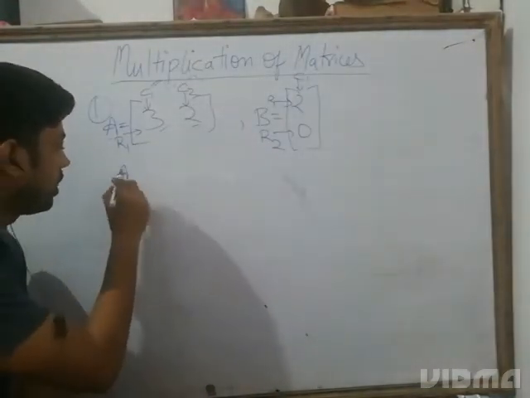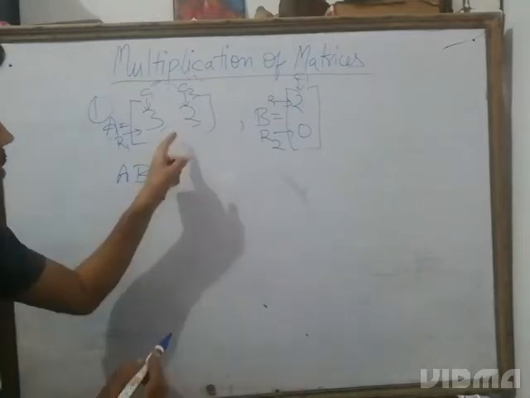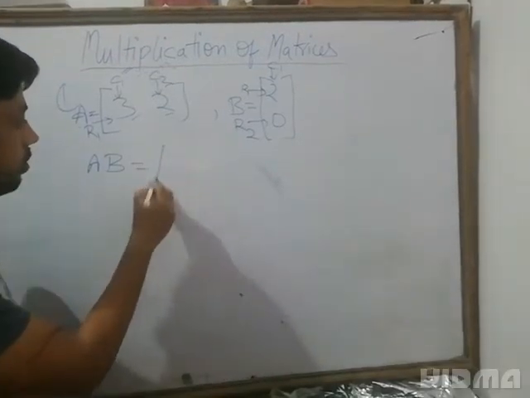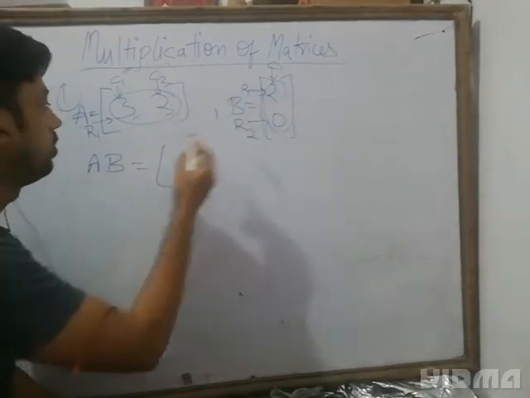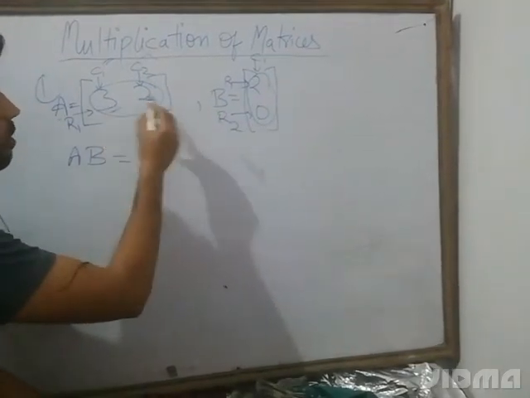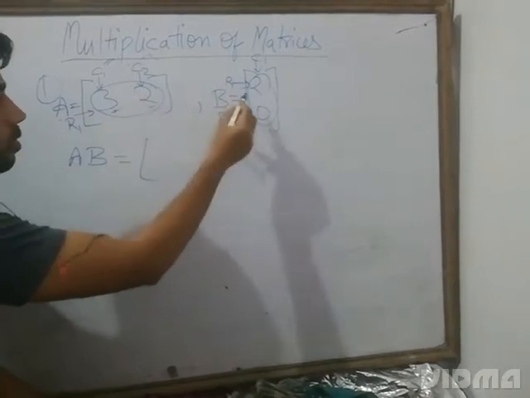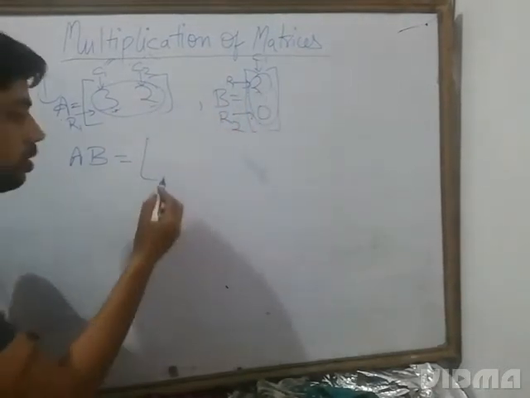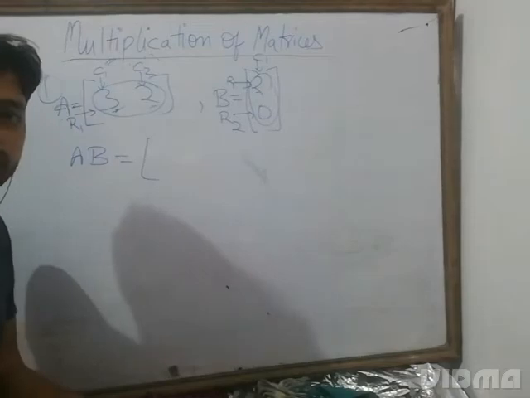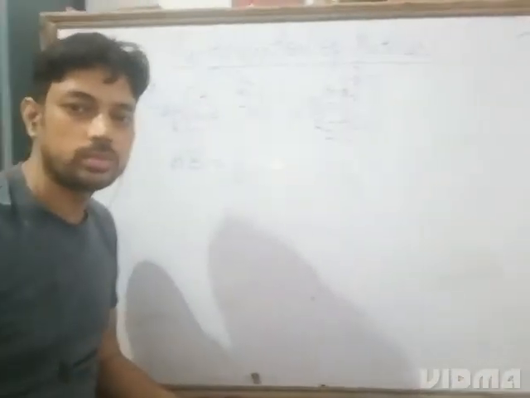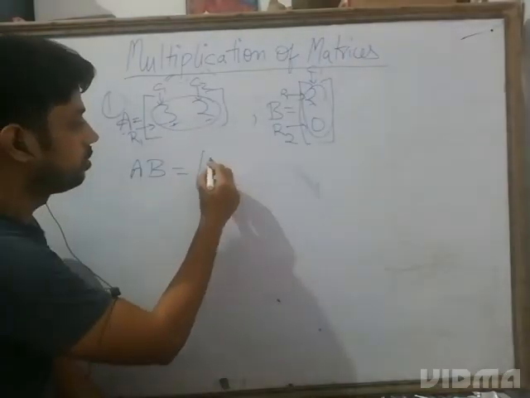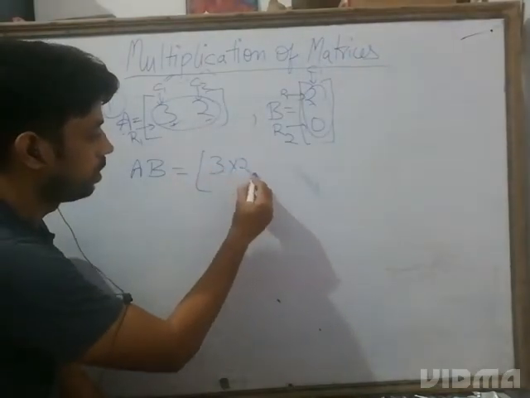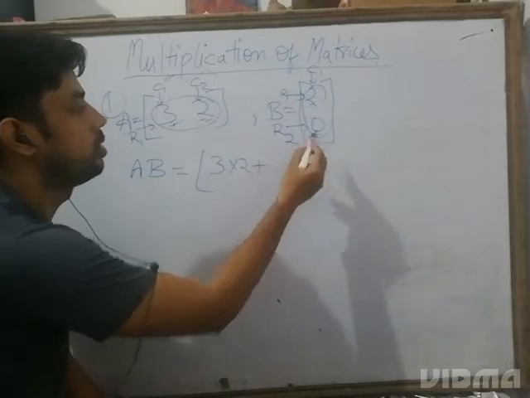For AB, we always have to multiply a row into a column. The first element of this row we multiply with the first element of this column: 3 into 2 plus 2 into 0.